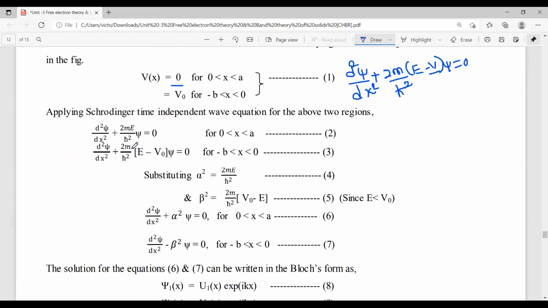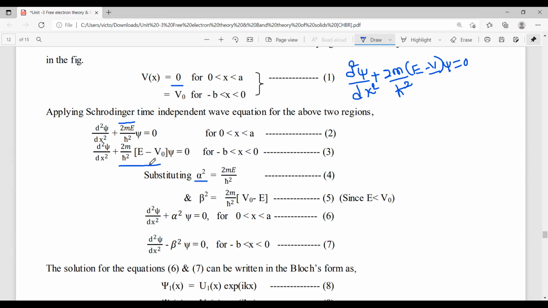Now, take 2mE by h cross square as alpha square, and 2m divided by h cross square into E minus V naught as beta square. Here is another condition: the energy E is very less as compared to V naught.